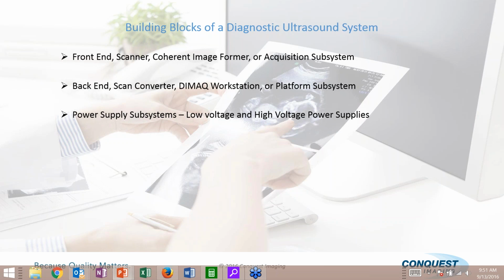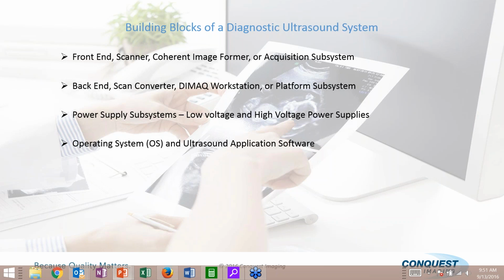And then we have power subsystems. These things, the front end and the back end, have to be powered somehow. So we have power subsystems. And then we have software. We have an operating system and ultrasound application software. All contemporary ultrasound systems have this. They have an operating system. Typically it's Windows. There are some hybrids out there.